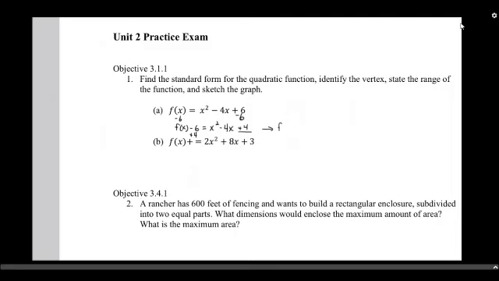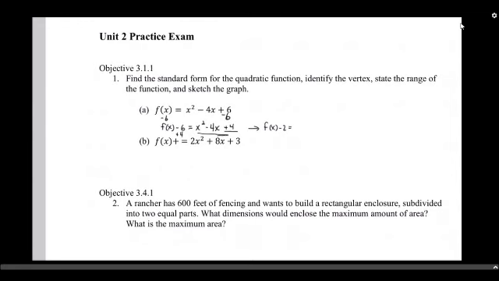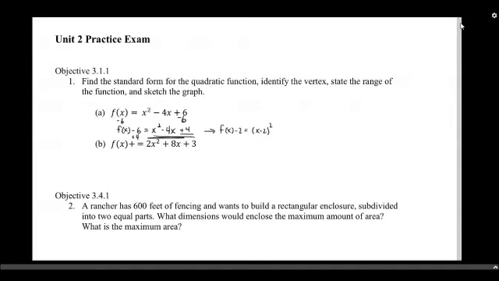So now I've got f of x minus 2 equals this trinomial. Now that expression with 3 terms can factor into x minus 2 to the second power. And then you just move that 2 back over by adding.